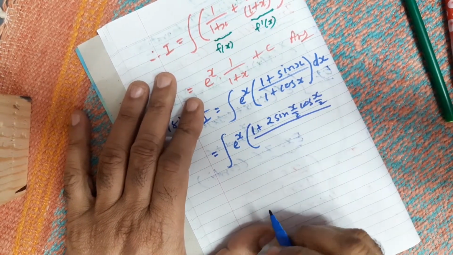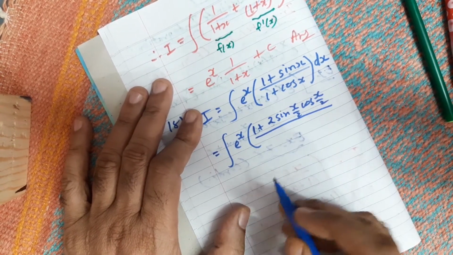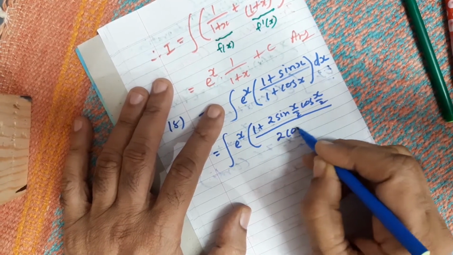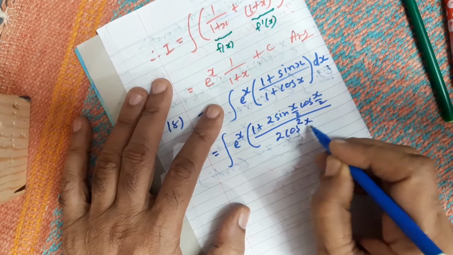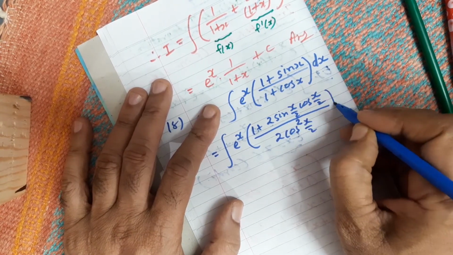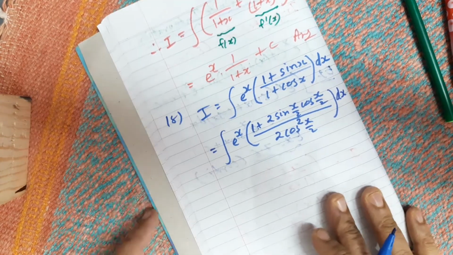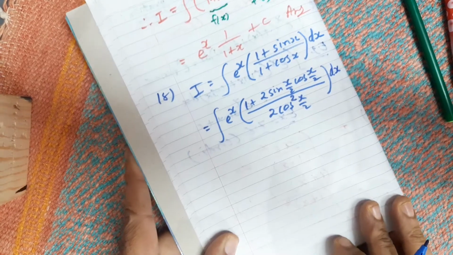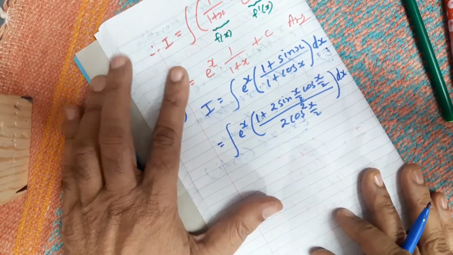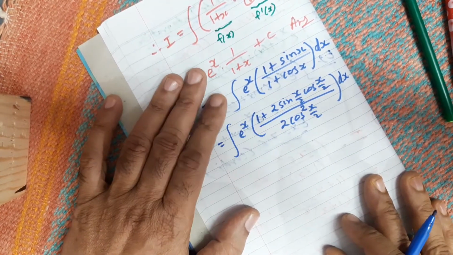Hope you understand this. And denominator 1 plus cos x. Again a multiple, sub multiple angle formula. Can you write 2 cos square x by 2? Okay, 2 cos square x by 2 dx. So in the numerator and denominator we have applied the trigonometrical formulas from standard 11, right?